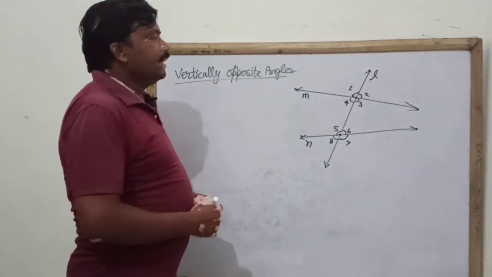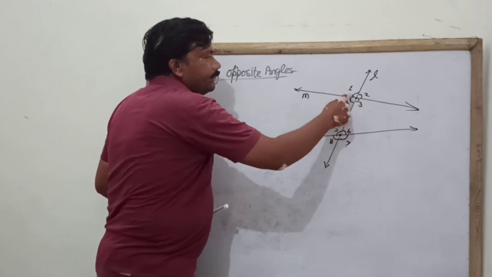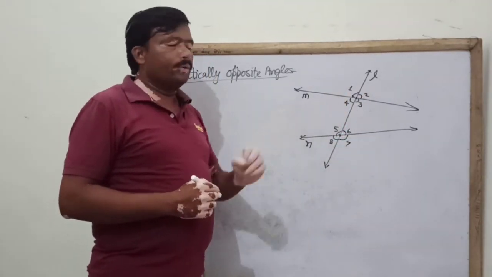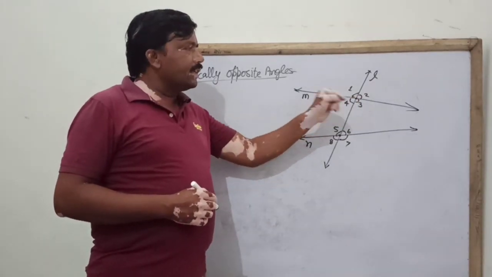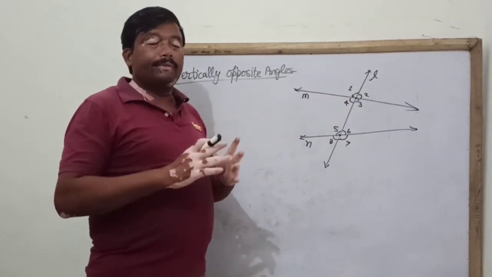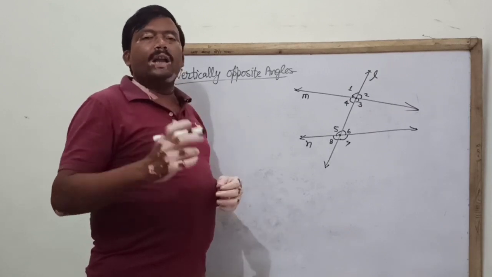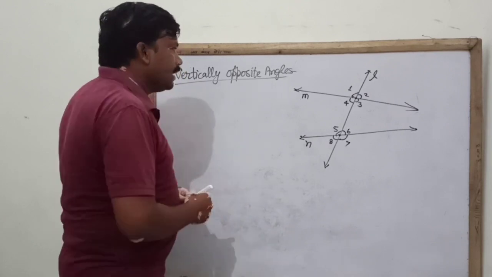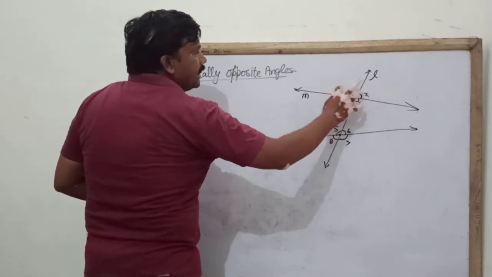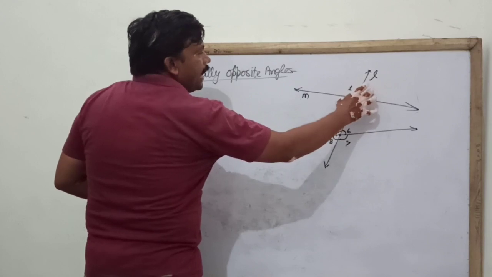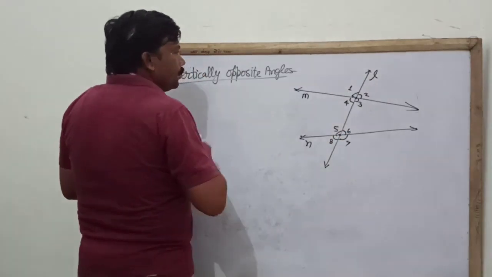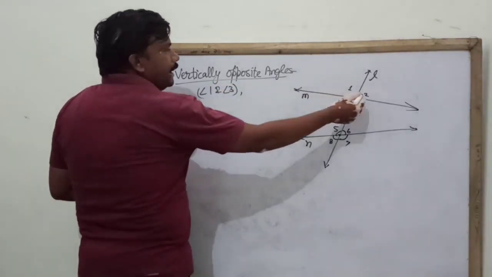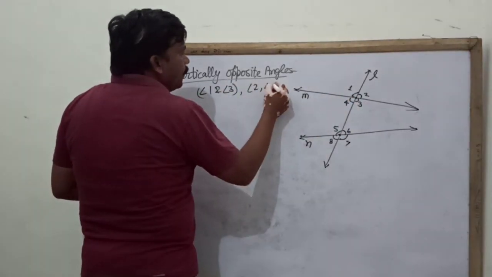You will find these two pairs, 1 and 3 and 2 and 4, are vertically opposite angles, as we have learnt that when two lines intersect each other, they form two pairs of vertically opposite angles. These two lines are intersecting each other at this point. Then there are two pairs of vertically opposite angles: angle 1 and angle 3, and here angle 2 and angle 4.